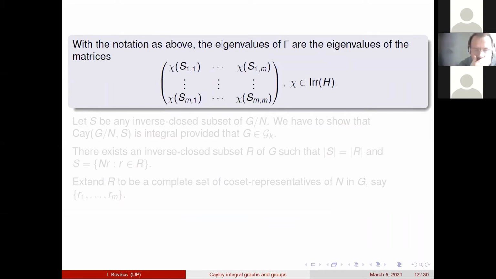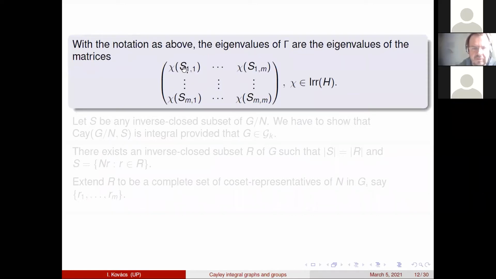Anyway, the formula for the eigenvalues of such graphs can be extended nicely in the abelian case, and it says that the eigenvalues of gamma are just the eigenvalues of these matrices. It reminds me of the matrix of Edwin, because this is a sum of roots of unity.